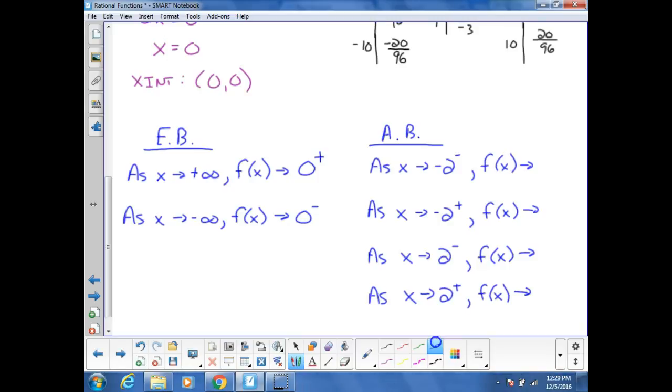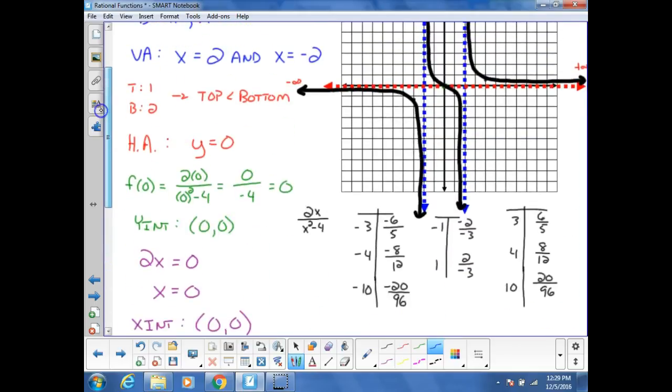Okay? So as I'm going to negative 2 from the left, my function is going down to negative infinity. Approaching 2 here from the left, my function is going down to negative infinity. As I approach negative 2 from the right, my function is going up to positive infinity.